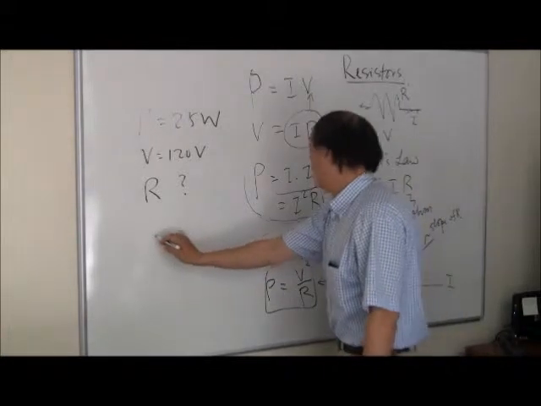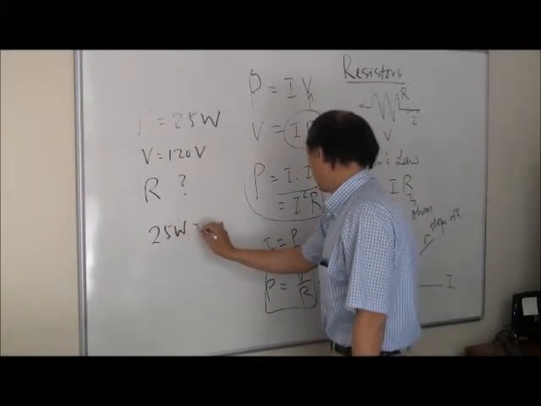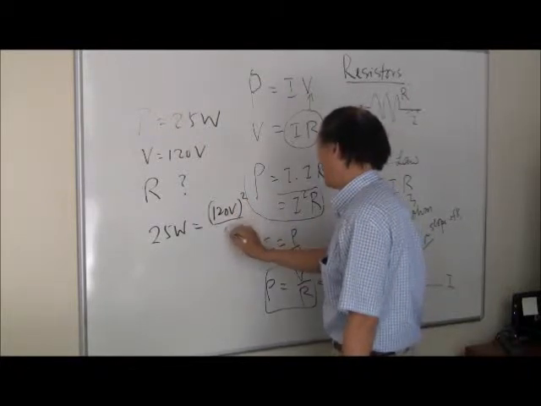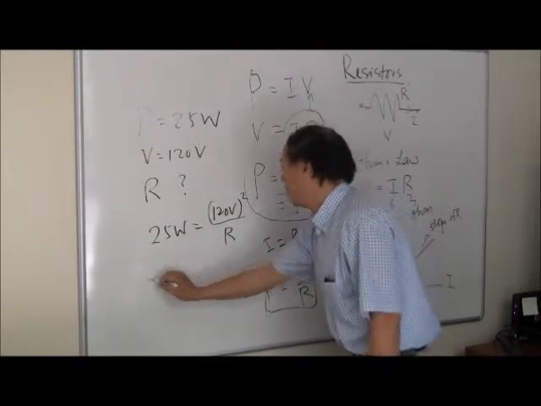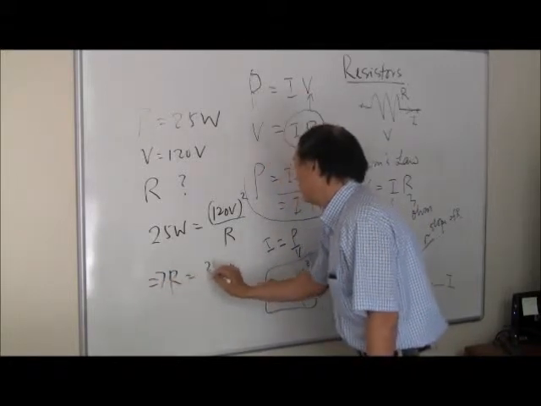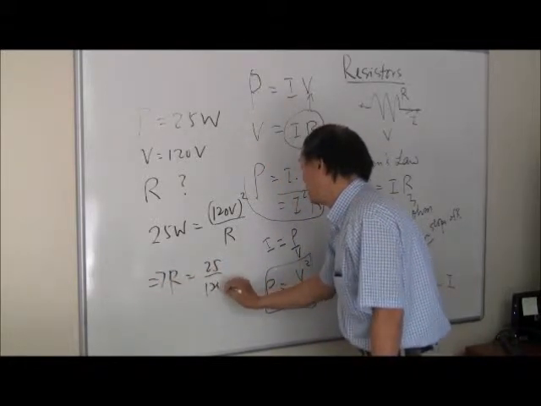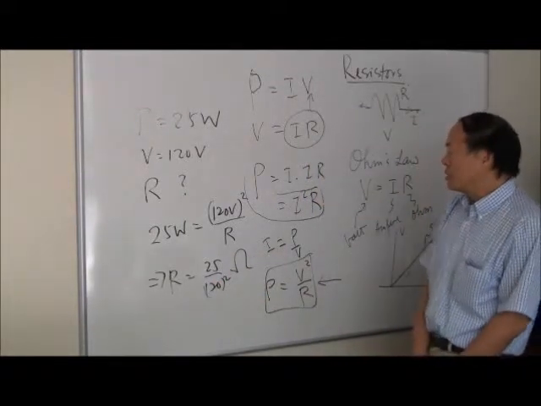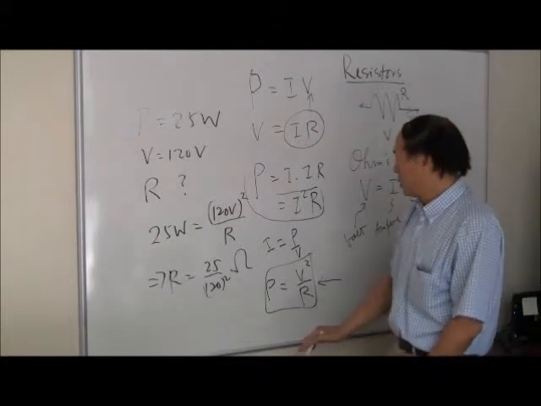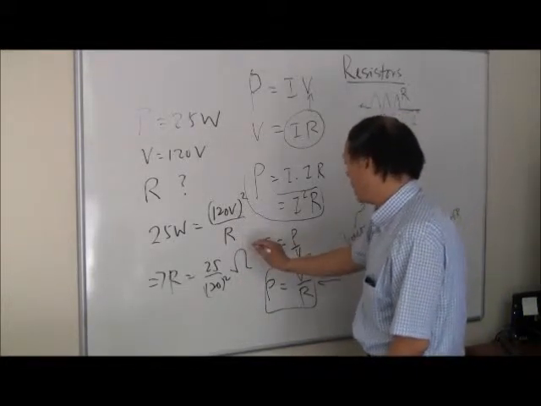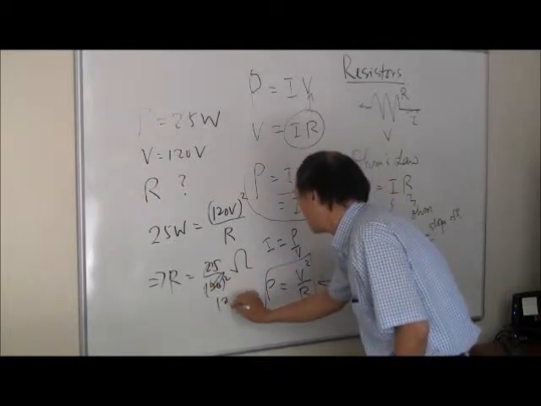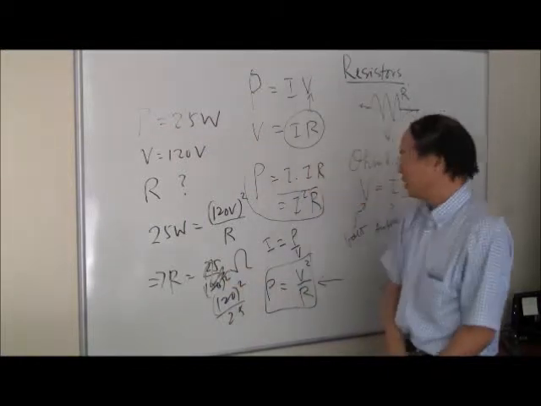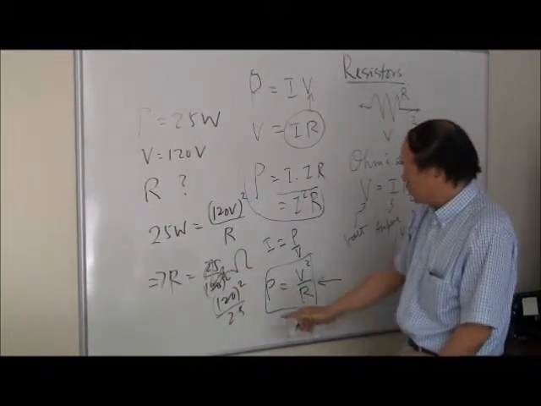Therefore 25 watts is equal to V squared, which is 120 volts squared, divided by R. Okay, it should be the other way around: R is equal to 120 squared divided by 25. This is a correction.